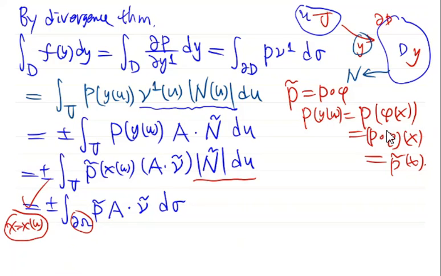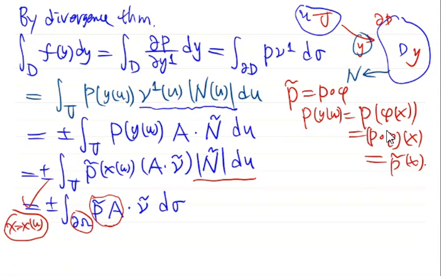Now we obtain the surface integral over the boundary of omega, and the integrand is in a very good form. It is a scalar function multiplying a vector function, which is still a vector field, inner product with the outward unit normal vector, fitting the form suitable for the divergence theorem.